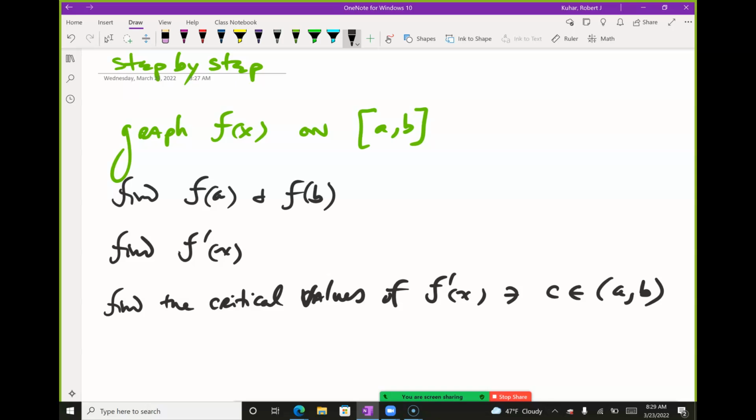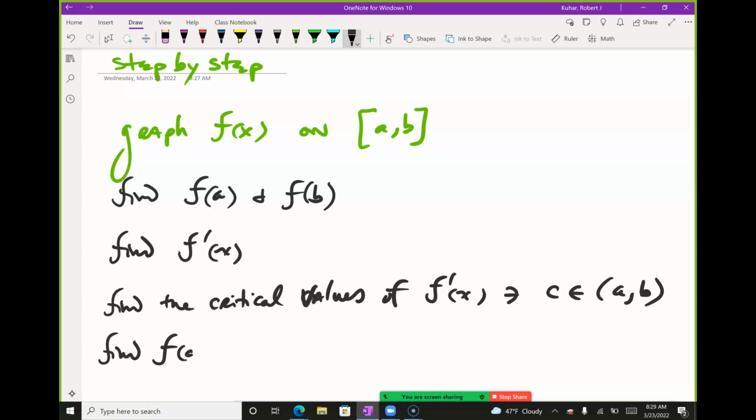I want to find the critical values of f of x such that the critical values are in the open interval. Why? Once I find the heights at the endpoints, if the endpoints become critical values, I still know the height, right? I don't need to know the height again, okay? So I want the critical values that are inside of the interval.